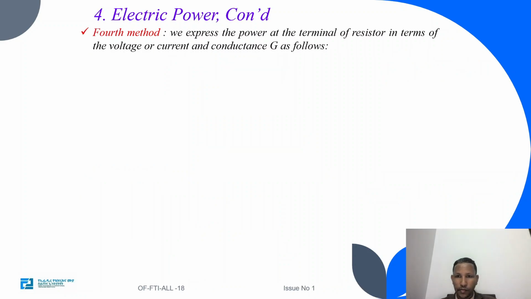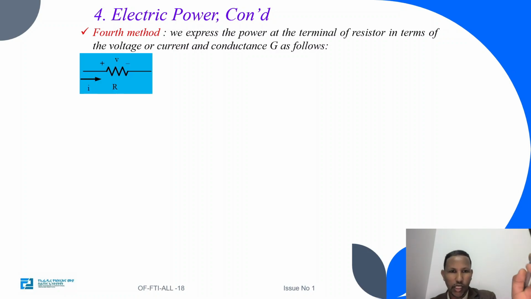The fourth method, we express the power at the terminals of a resistor in terms of the voltage or current and conductance. We know that conductance is given by 1 over R, the inverse of resistor.